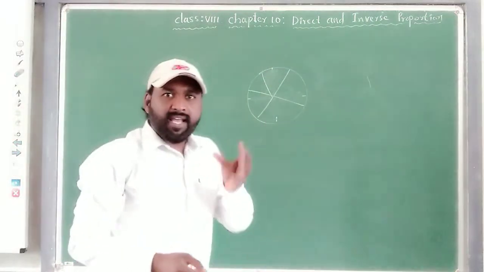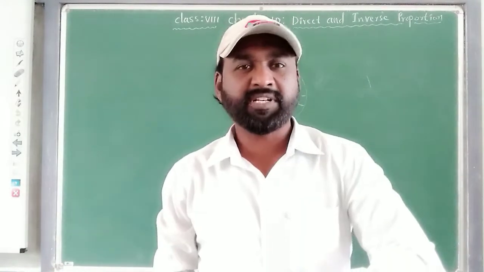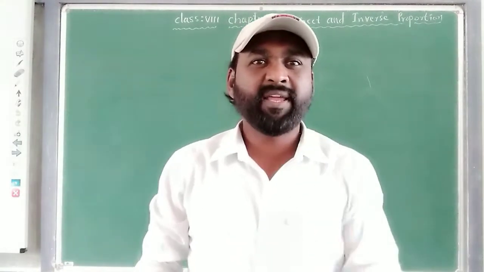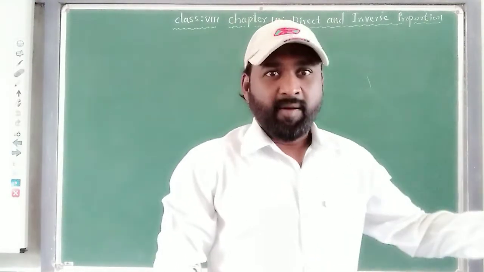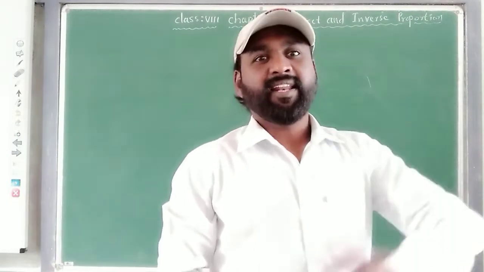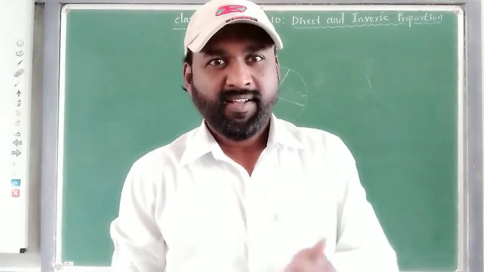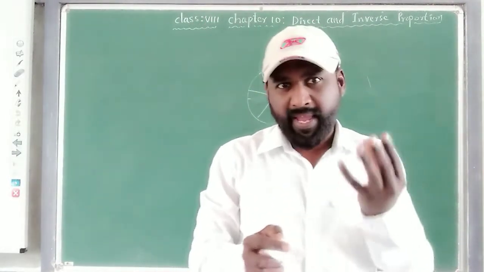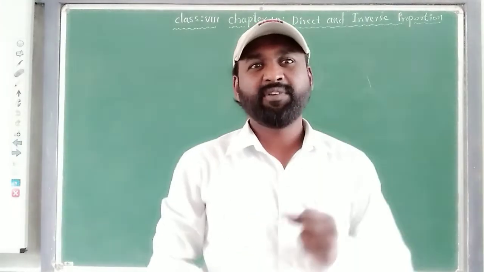That means the size of the piece, comparing the previous situation and this situation, will be reduced. Why? Because the number of friends is increased. Previously there were 4, now there are 5. The size of the cake piece will be reduced because you have only a limited size of cake.